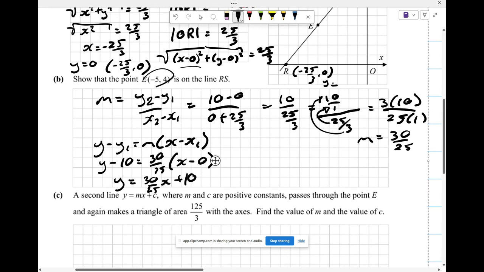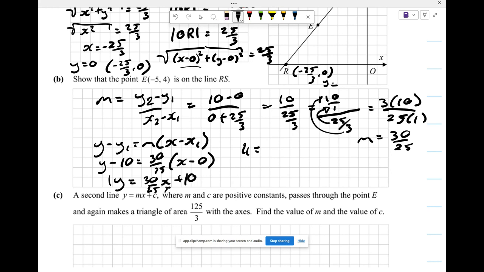And basically we want to show that E, which is (-5, 4), is on this line, so we're going to sub in everywhere we see y, where it's going to be 4, and x is going to be -5. So it's going to be 4 equals, I have a bit of space up here, let me do it. 4 equals 30 times 25 times x, which was -5, plus 10. Our 5 is going to cancel with our 25, and we're going to be left with 5 down here.